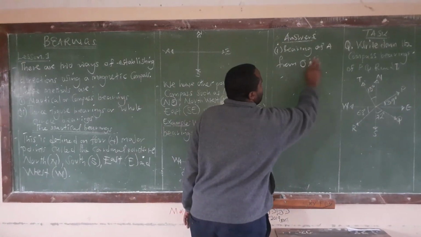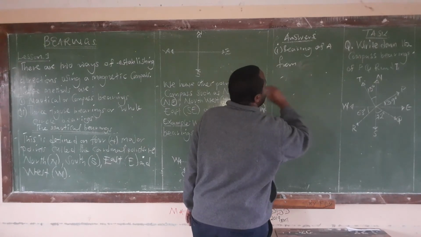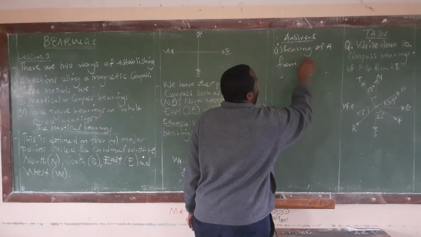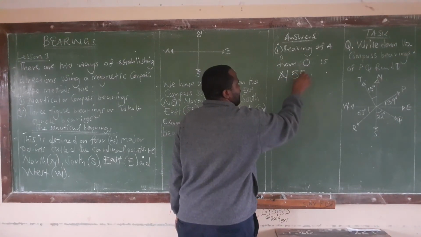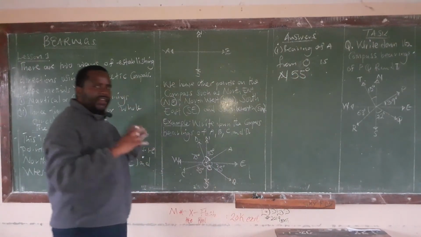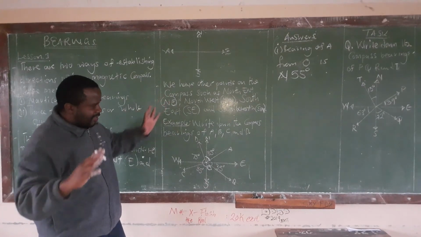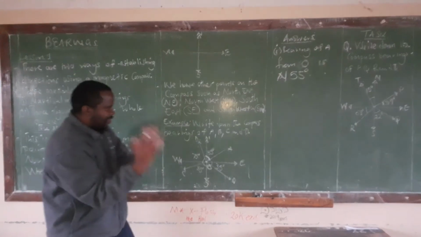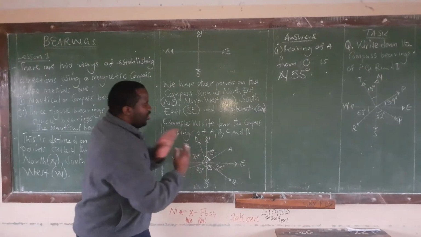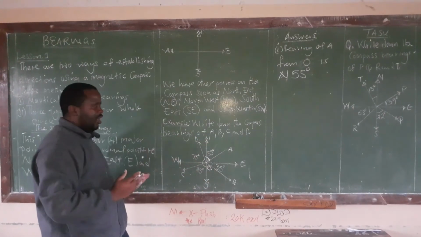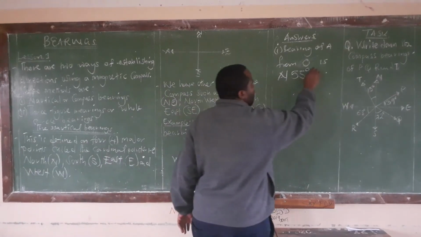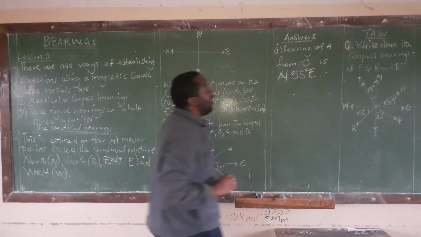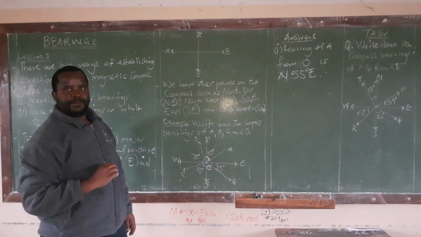But if you say north 55 degrees, it is not clearly defined. You must state whether this A is on the eastern or western side. So you say north 55 degrees east. And this is the bearing of that point.